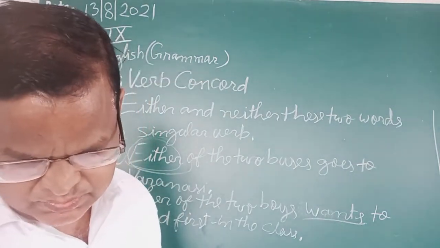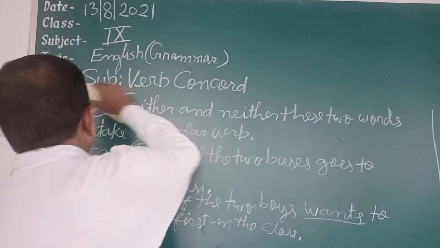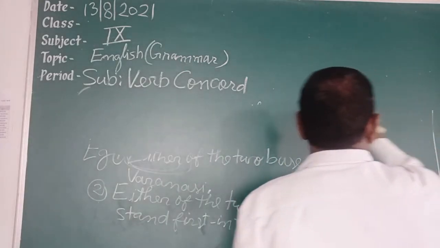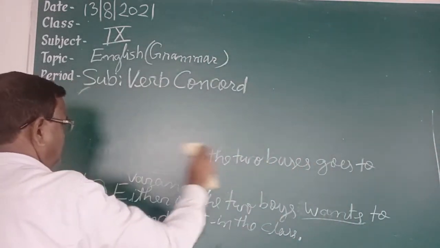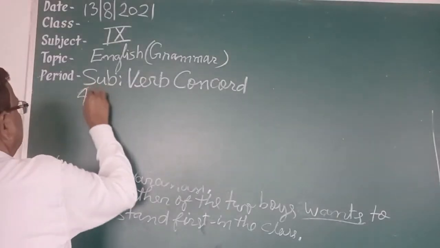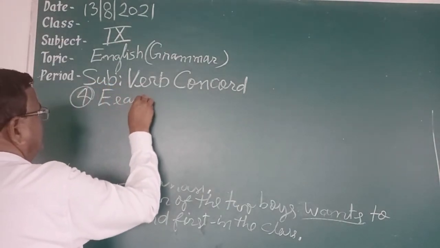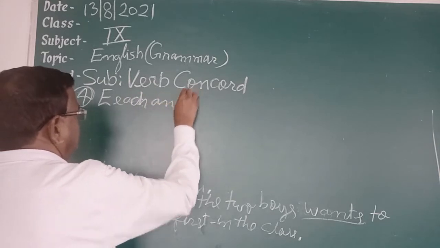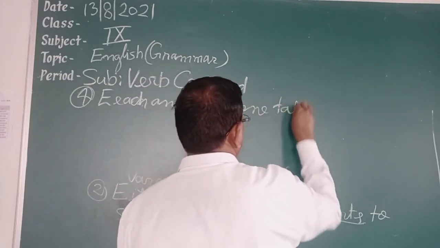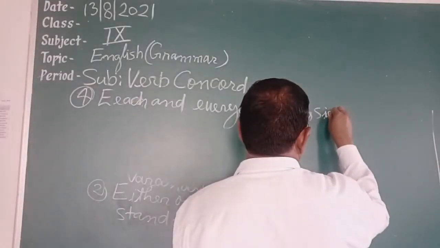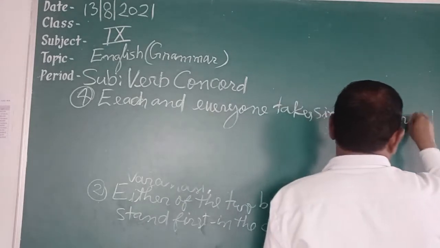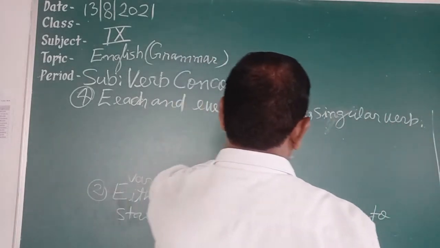Let's see the other rule. Fourth rule, rule 4: each and every one take a singular verb.